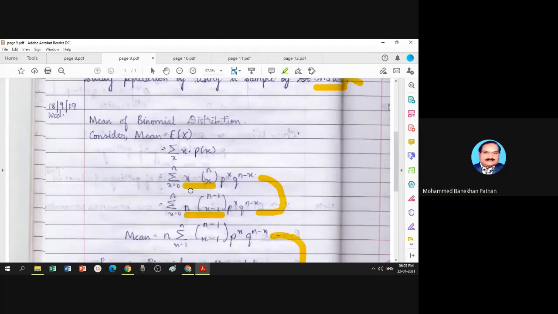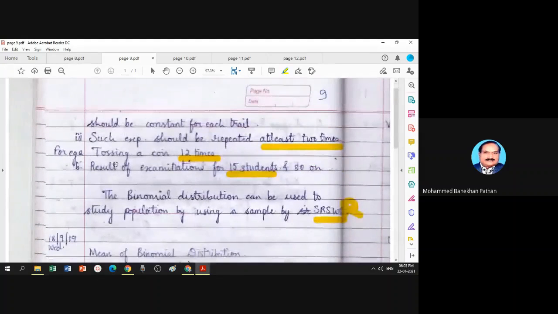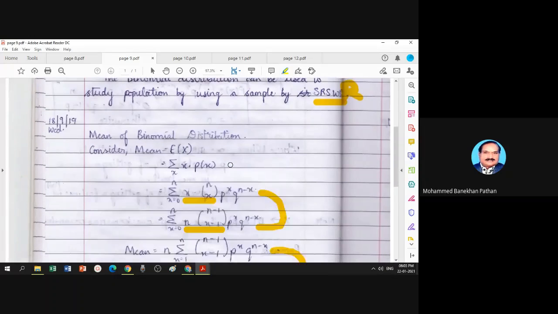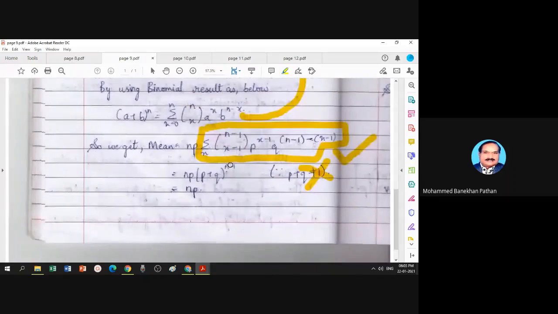For example, you toss a coin 12 times, so n is 12. You are studying the result of an examination for 15 students, so you repeat your Bernoulli trial 15 times, so small n is 15, and so on. That is why the mean is n times p.